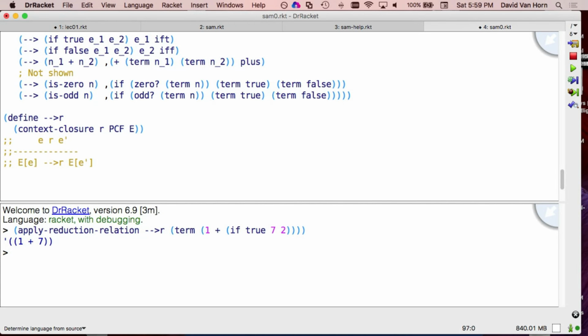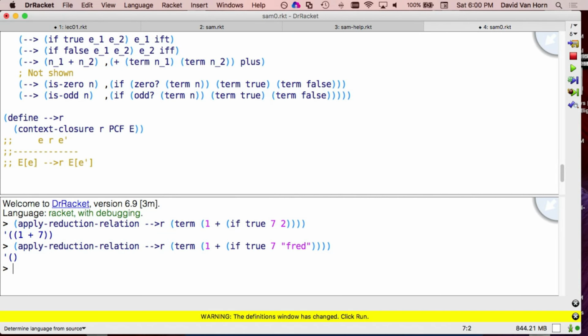Yes? When you apply the reduction relation, is it also checking the syntax internally? You're giving it a term. Yeah, that's a good question. It is not. So I can write things that aren't actually PCF terms, right? Like we didn't add strings to the language. So that thing that I wrote there is not a term in the language PCF.